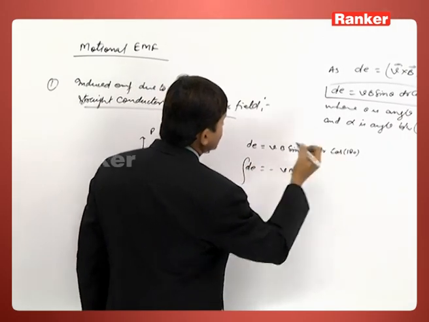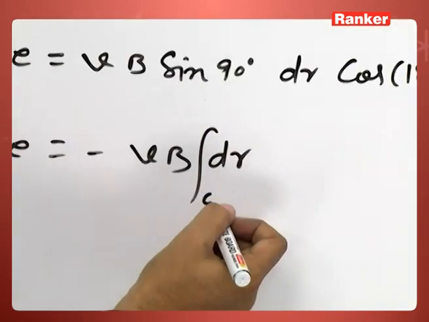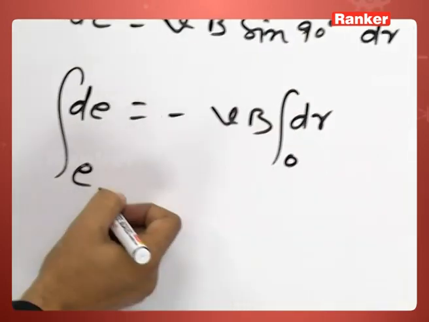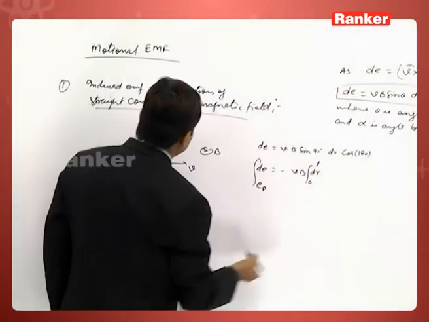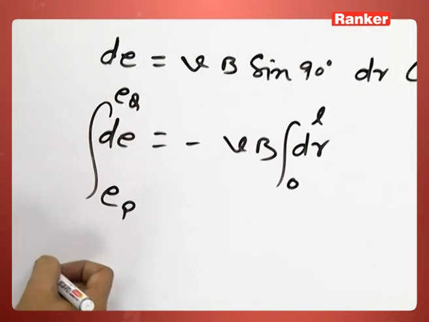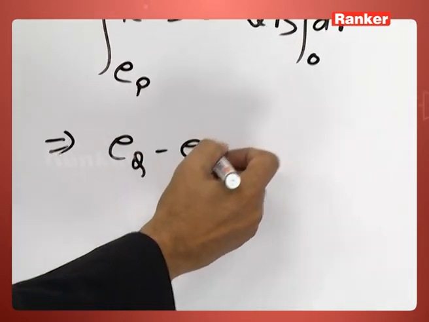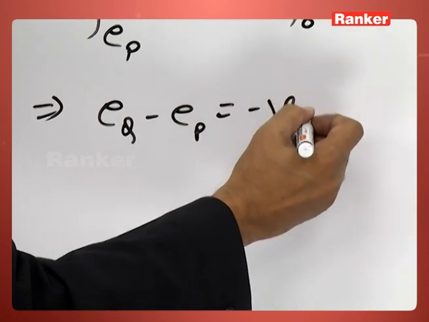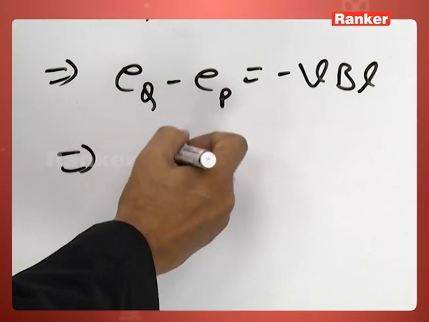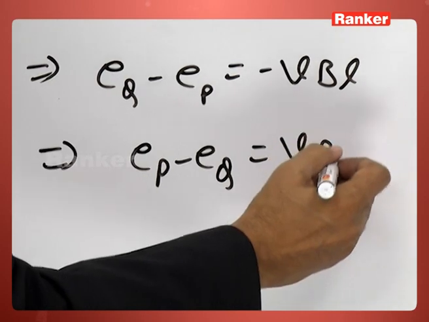Now we can integrate r from 0 to L. When r is 0, that point is the end P, and when r is L, this is the other end Q. So this can be written as EQ minus EP is equal to minus VBL, or simply we can say EP minus EQ is VBL.